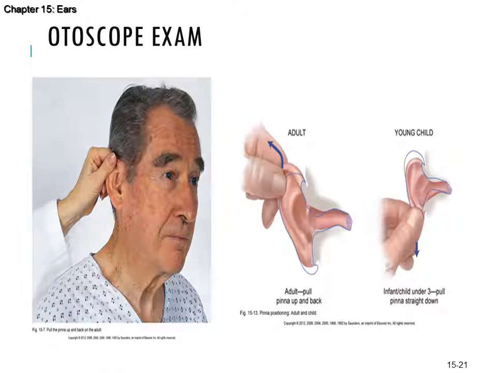So when we go in to look with our otoscope, we're going to pull the pinna of the ear, the fluffy part of the ear, up and back to help us. For younger children, we're actually going to pull it down in order to straighten out the curvature for them.